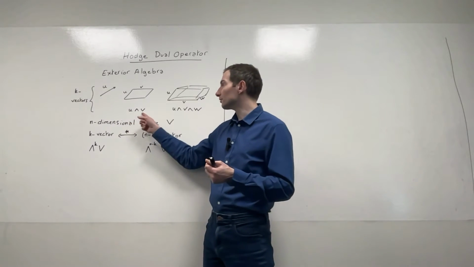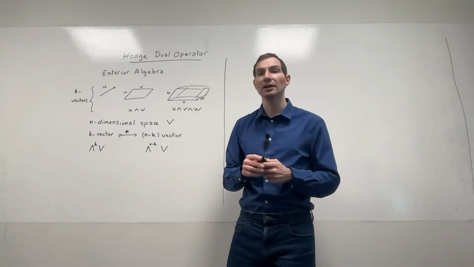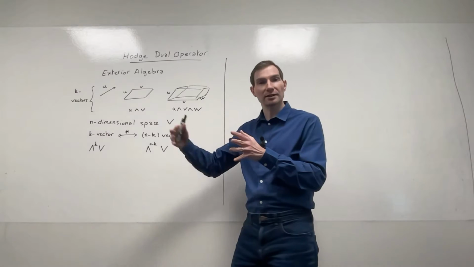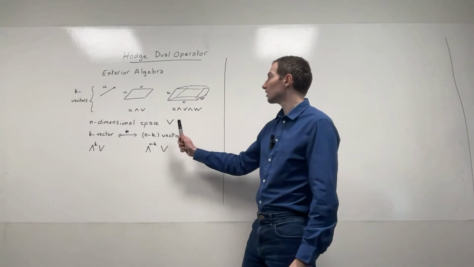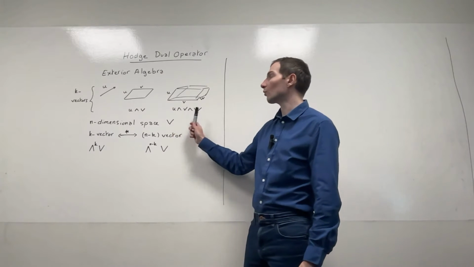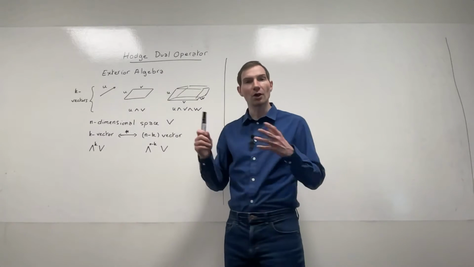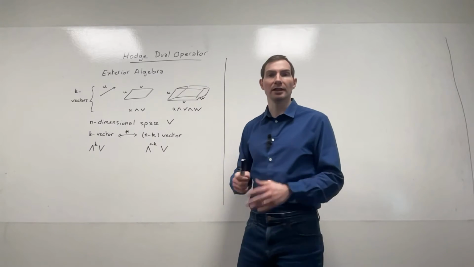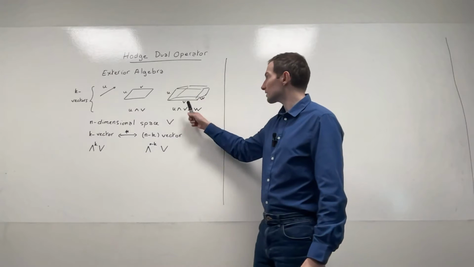These u and v tell you that it is built out of the vectors u and v. Likewise, you can extend that to higher dimensions. For example, in 3D, you just need to do u wedge v wedge w, and you're going to have a parallelepiped object.